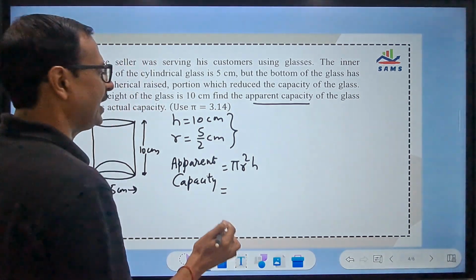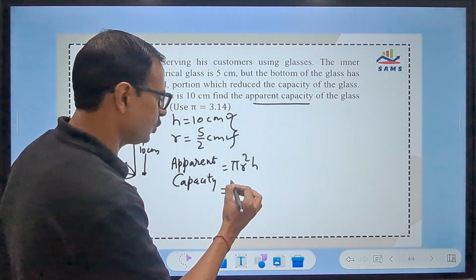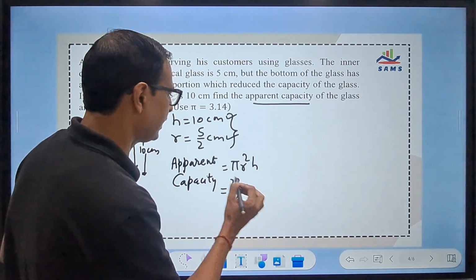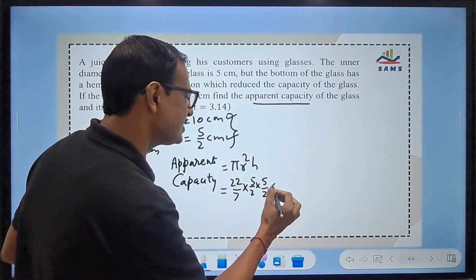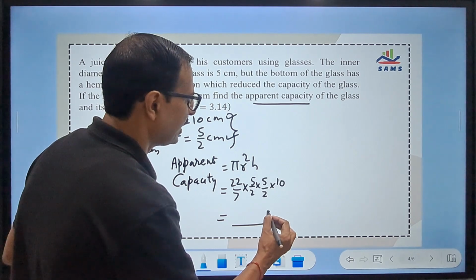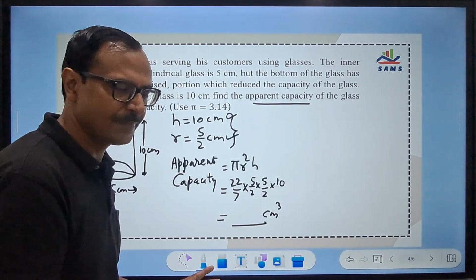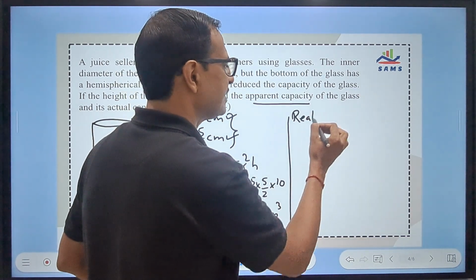So very easy, I just have to put h and r here and get the apparent capacity. So 22 by 7 times r is 5 by 2, so 5 by 2 twice, and then h is 10. So I don't think there is a problem here. We can solve it and get the answer in cubic centimeters. But the real capacity, that is a little challenging.